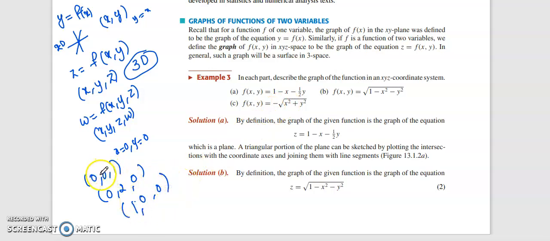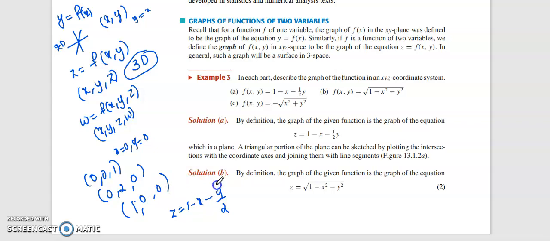So this graph will be passing through the points 0, 0, 1, then 0, 2, 0, and 1, 0, 0. All the terms are linear. So you have it in the form z equal to 1 minus x minus y by 2. എല്ലാ termsum linear ആണ്. So this is going to represent a plane. So this will be a plane which is intersecting the coordinate axis at these points.